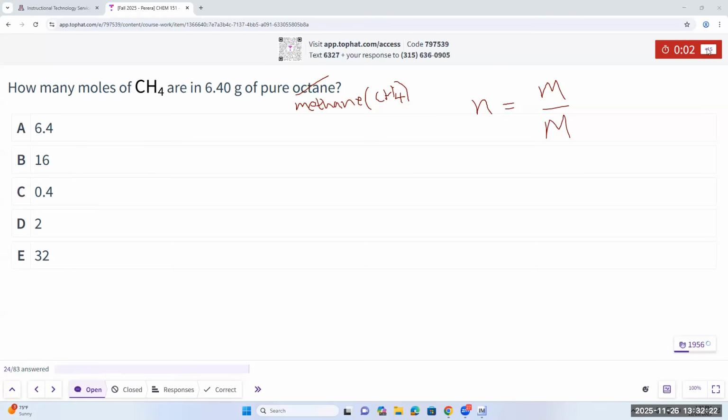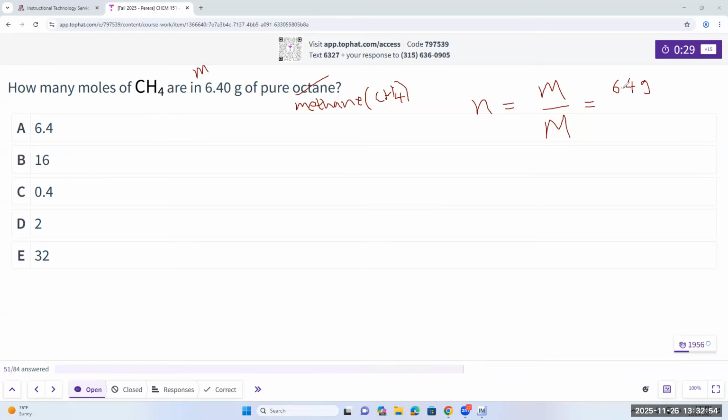That's all you have to do there. So mass is what is given to you. This is our M, 6.4 grams.